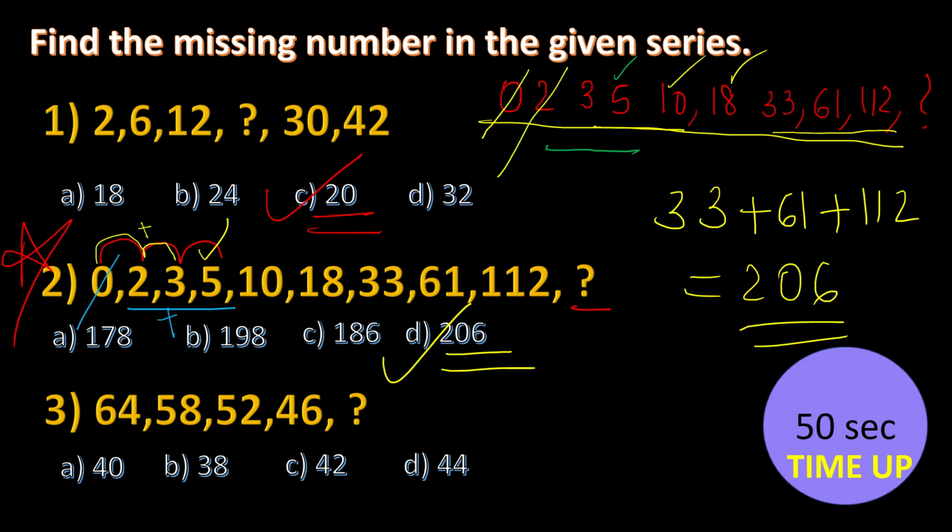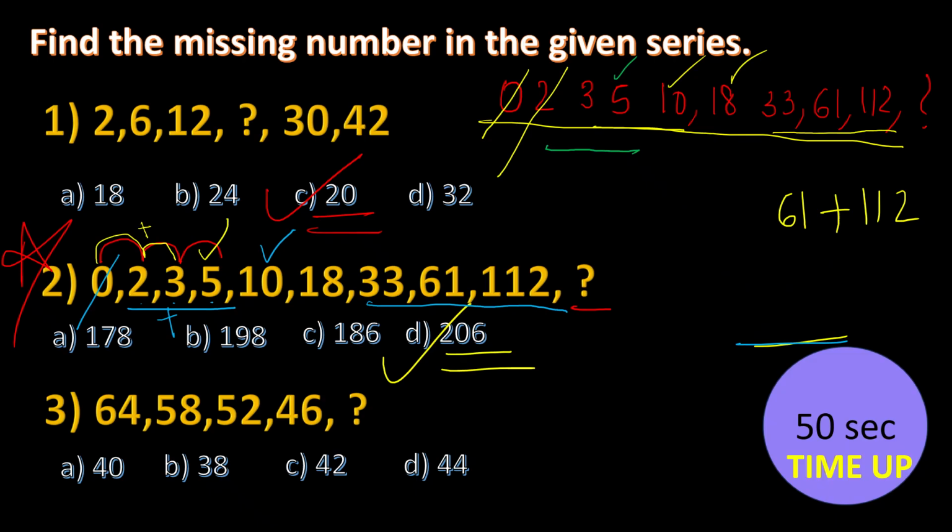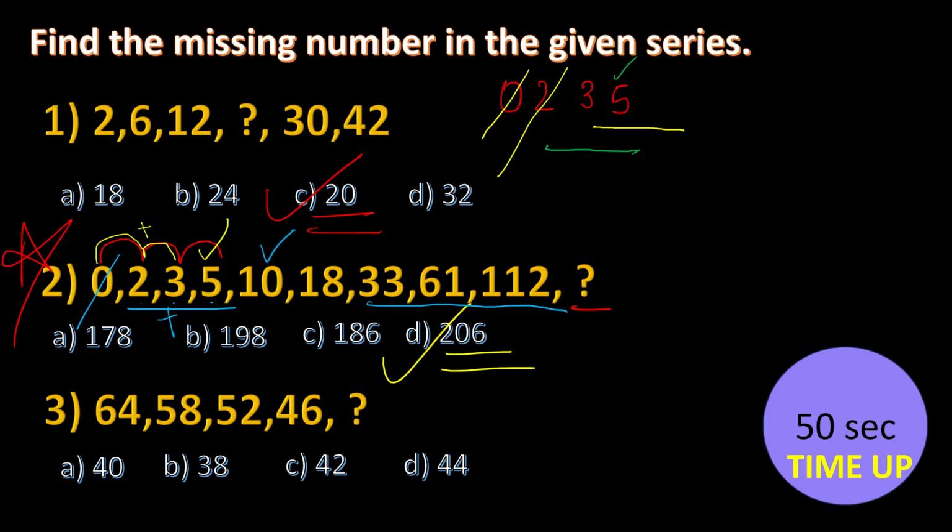When you add 2 plus 3 plus 5, you'll get the next number, that is 10. Like that, so on they have done. And when you add 33 plus 61 plus 112, you will get 206. That is the missing number. Okay, students? Next one. I hope you have noted down because it's a very important one.